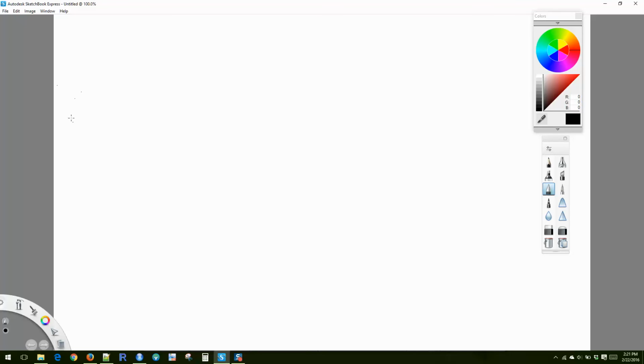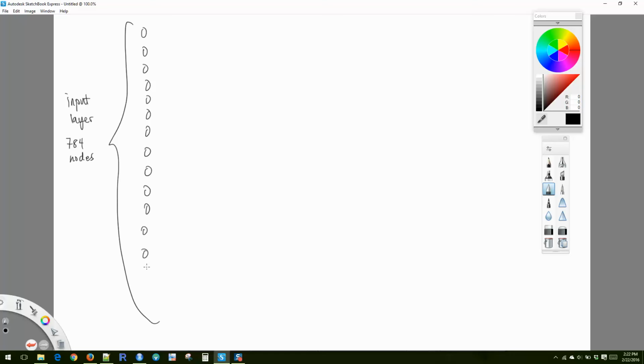So our input layer has 784 nodes. All we're doing is ramping up. Then we have a hidden layer, and how many nodes we want in the hidden layer doesn't really matter.